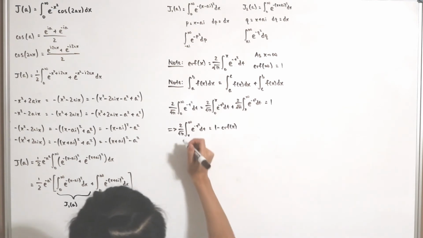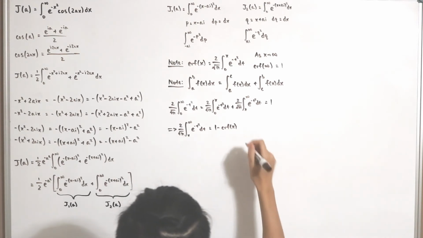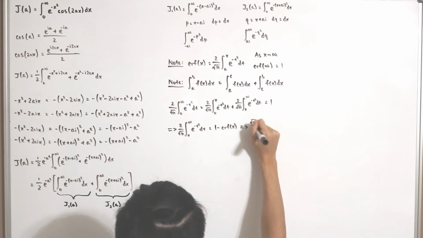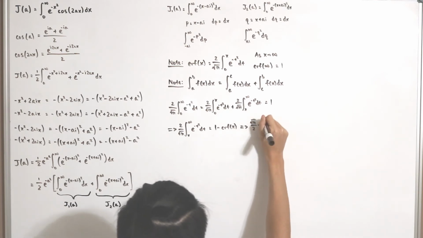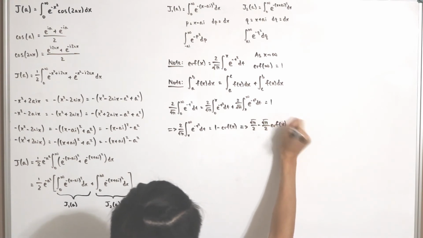Now we can just divide by 2 over the square root of pi. Simplifying this out, we get the square root of pi divided by 2, minus the square root of pi divided by 2 multiplied by the error function of x.